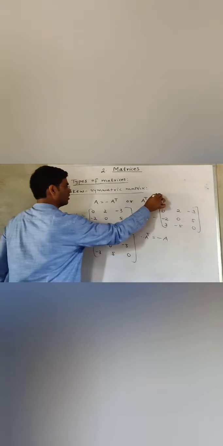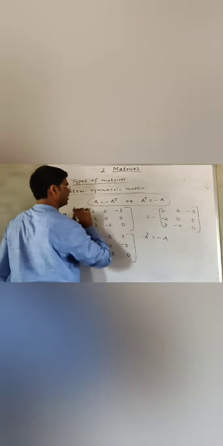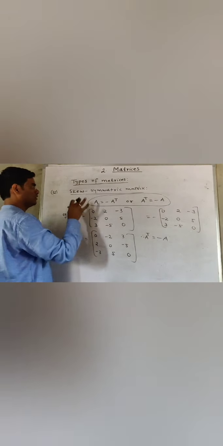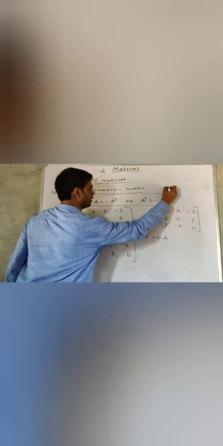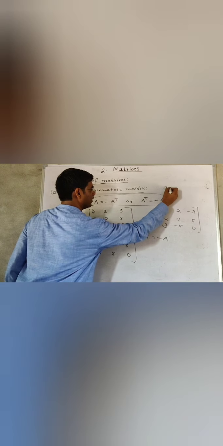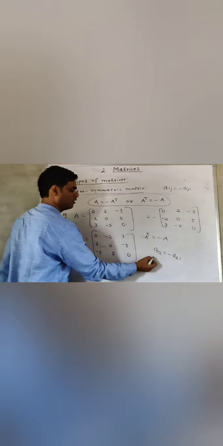In short, how can you identify whether the given matrix is symmetric or skew symmetric? In a skew symmetric matrix, the element aij equals minus of aji. That means the element a12 is equal to minus of a21, and the element a32 is equal to minus of a23.